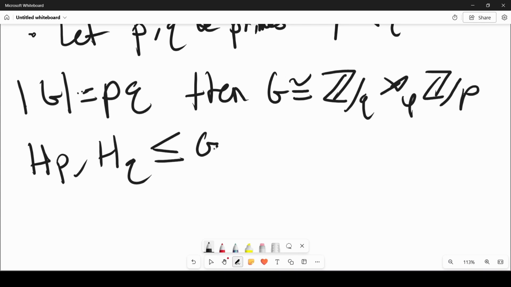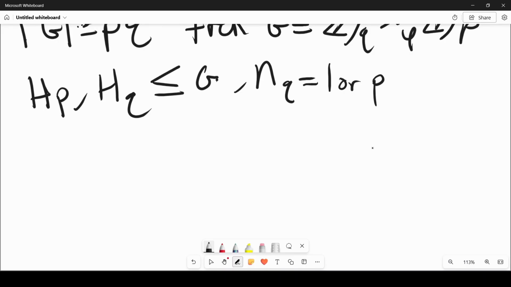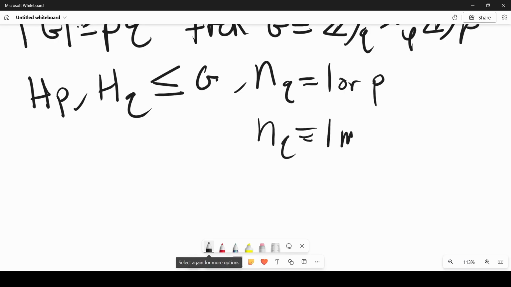Now, you should notice that N sub Q has to equal 1 or P. This is just from the third Sylow theorem. And you should also remember that N sub Q is 1 mod Q. So this could mean it's 1, Q plus 1, 2Q plus 1, 3Q plus 1, so on and so forth.